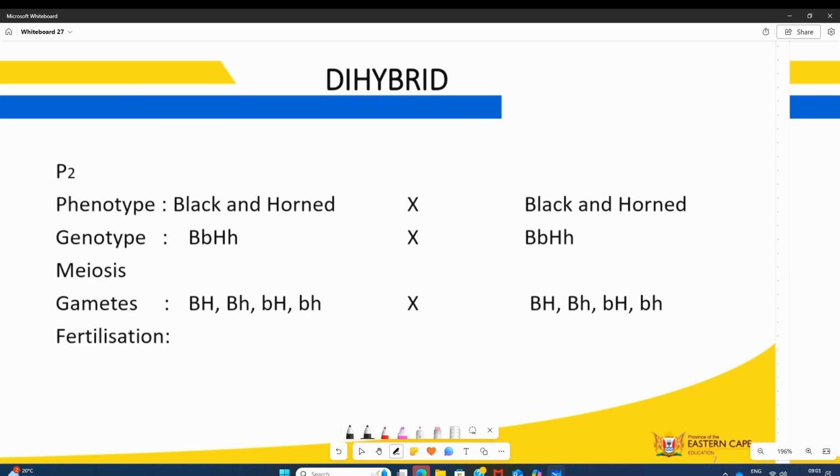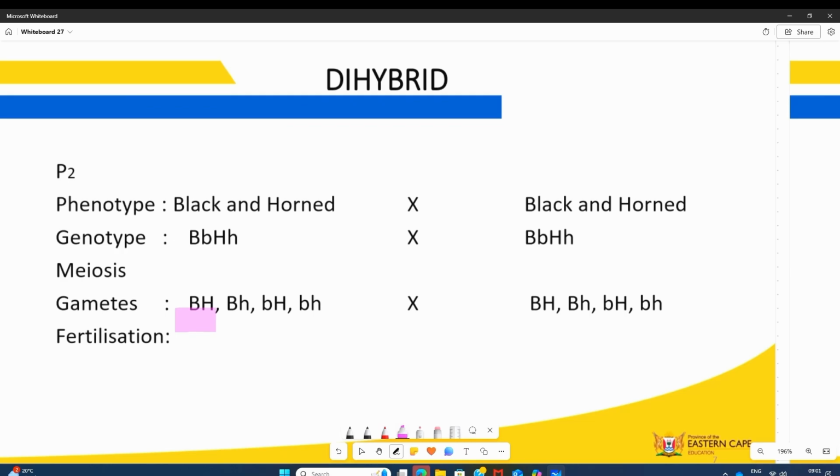Meiosis occurs, and after meiosis has occurred, gametes are formed. This time, when the gametes are formed, each gamete has to contain all the characteristics. So all the characteristics must be represented, that is the dominant alleles, black and horned.